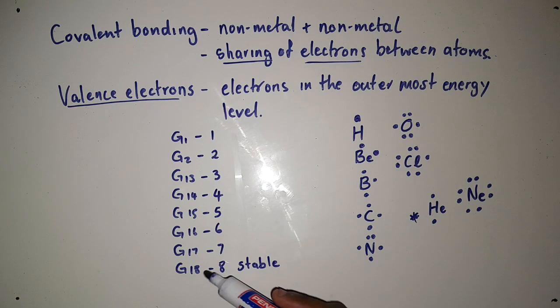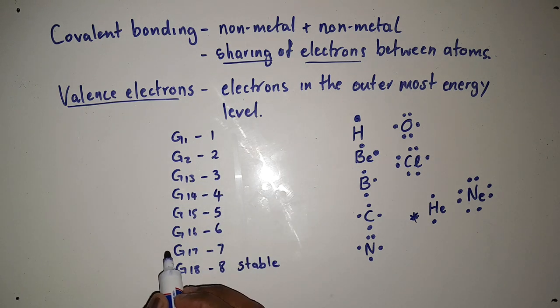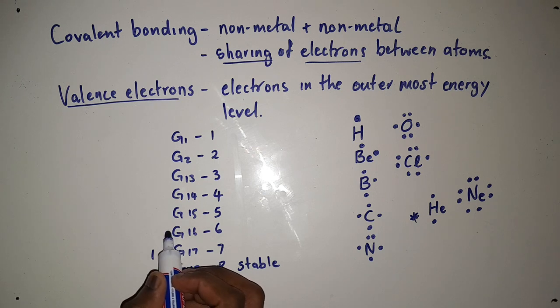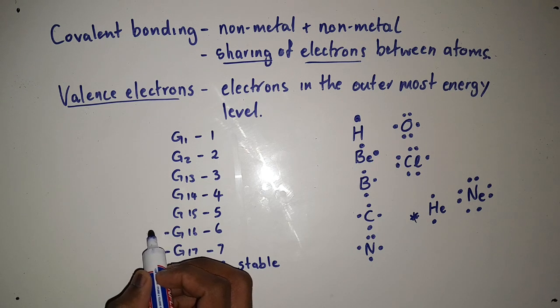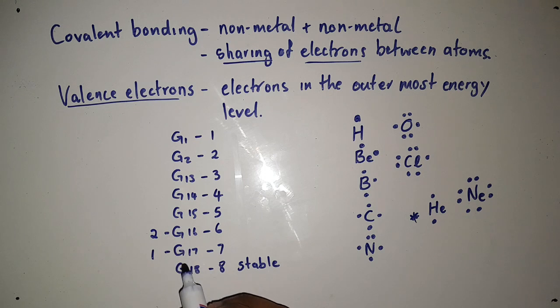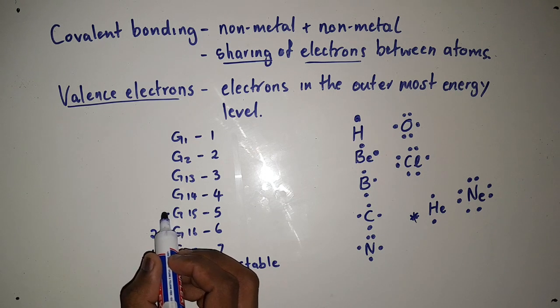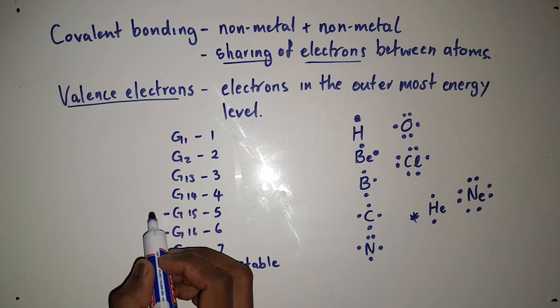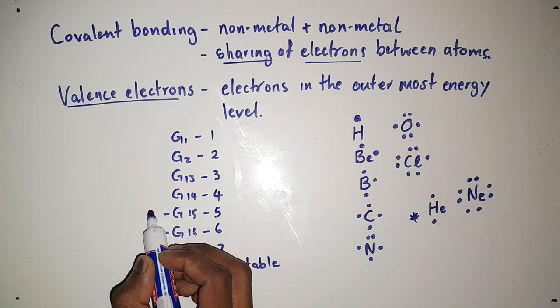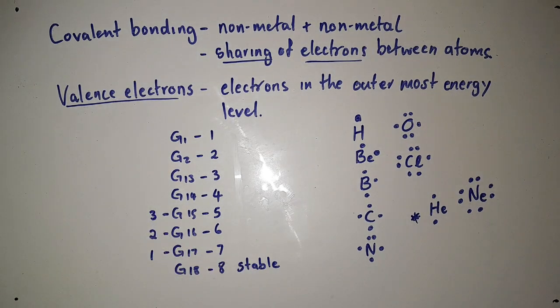Now I'm going to focus on groups 17, 16, like that. All the elements situated in group 17 are going to have a single bond. Then we move upward. These ones are going to have a double bond. This one, 3 bonds.